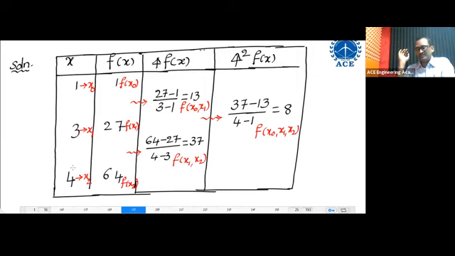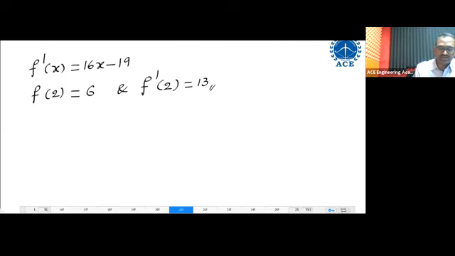I mean they will give you the same answer if f of x is defined at discrete different values of x. Note down.